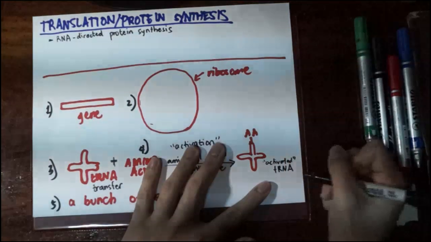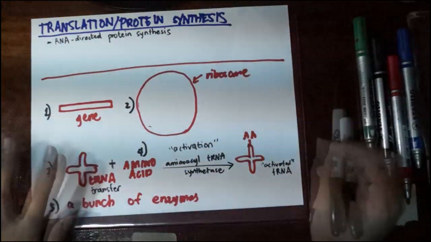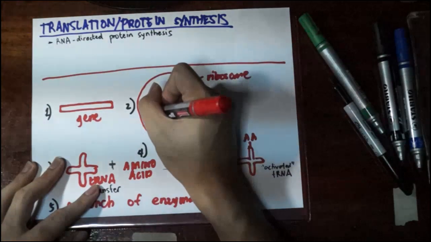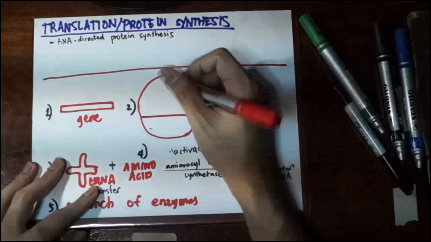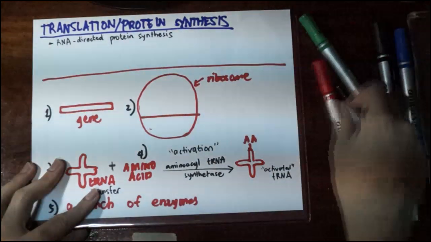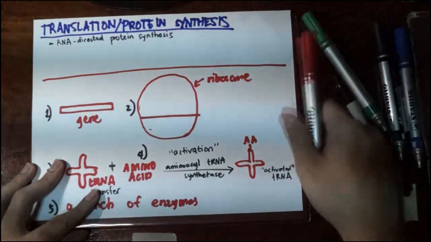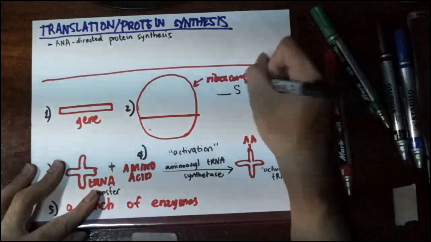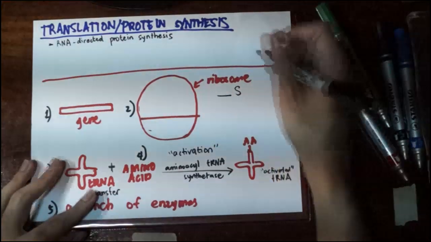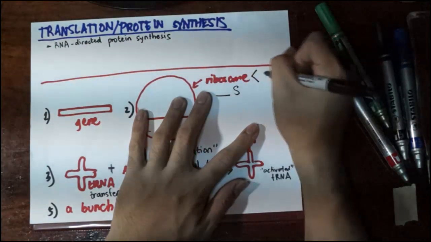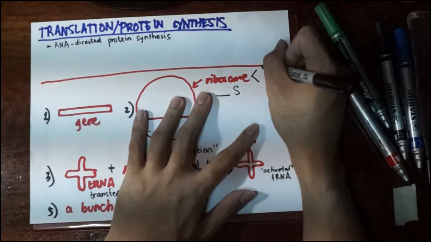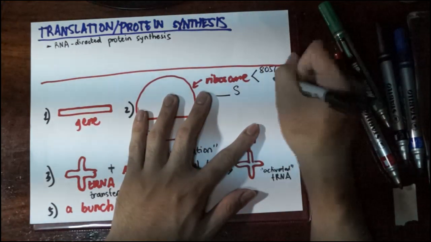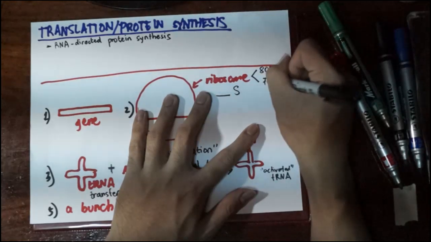Now, another thing I would like to mention is the ribosome here. In reality, the ribosome is divided into 2 parts. One part is larger than the other, and they are given a particular number, and that number is going to end with an S. For example, in humans, or in eukaryotes, we have the 80S ribosomes, and in prokaryotes, you have the 70S.